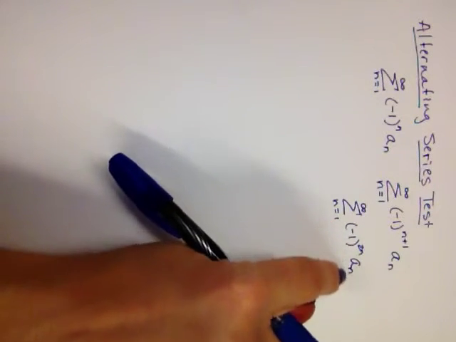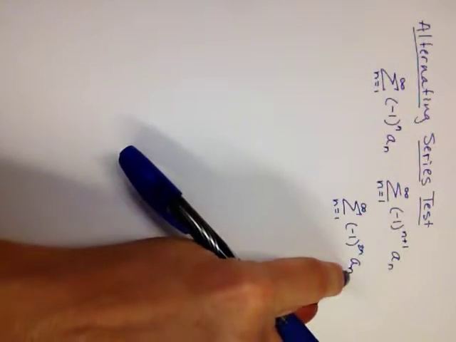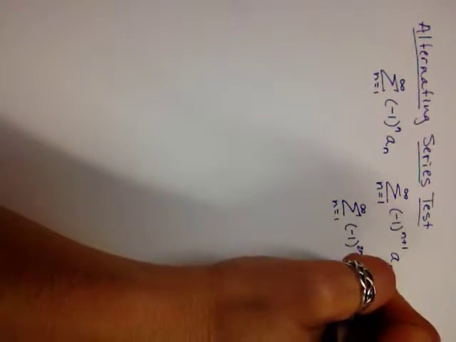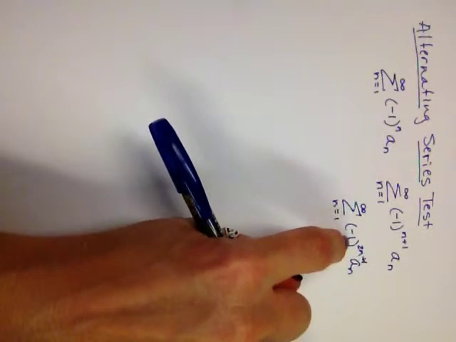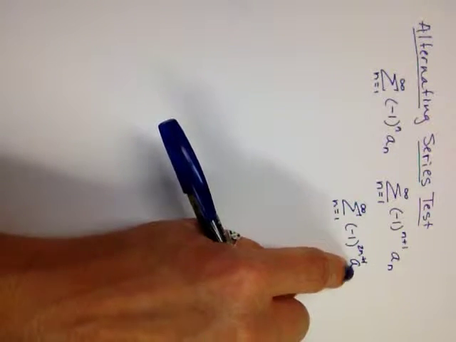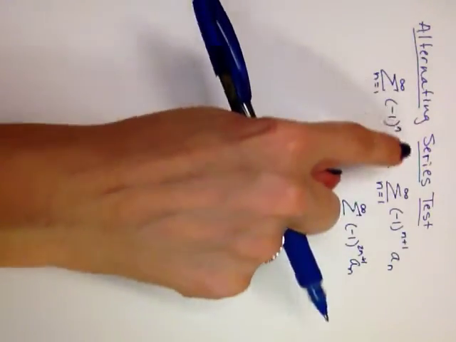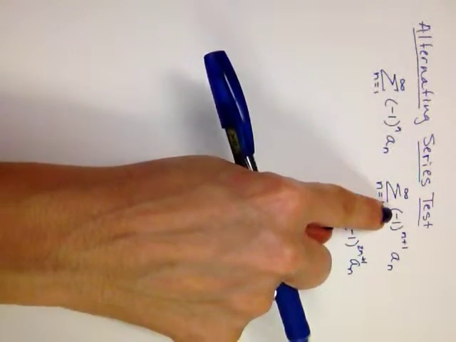So this would actually be a positive sequence that you're adding up to get the series. If there was a 2n plus 1, then this -1 would always have an odd power, which means that it would always be negative.